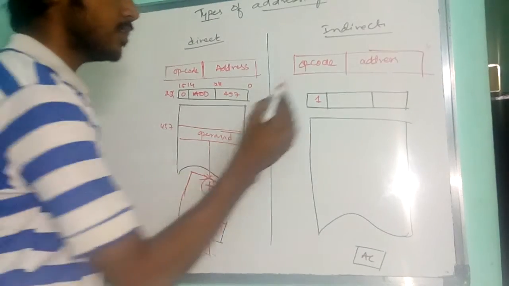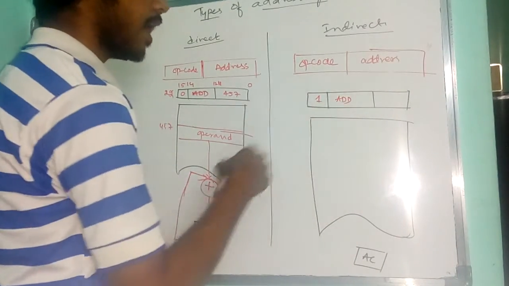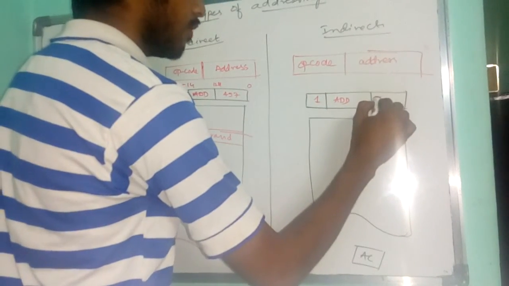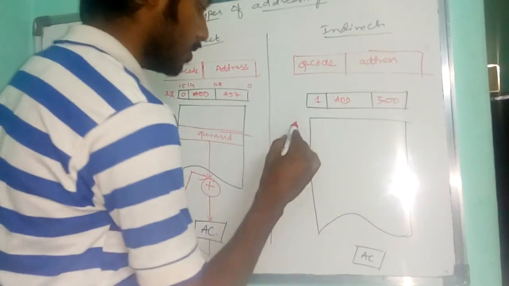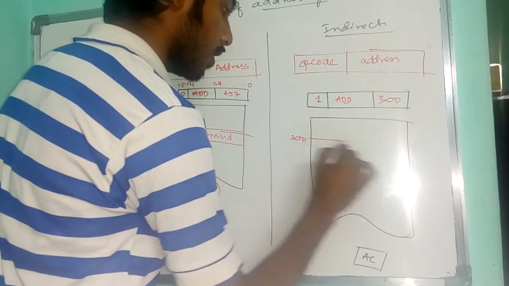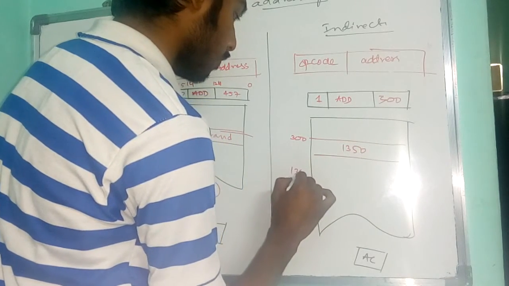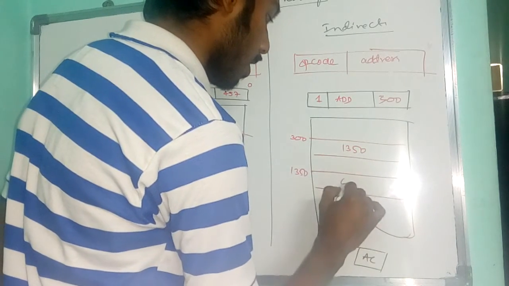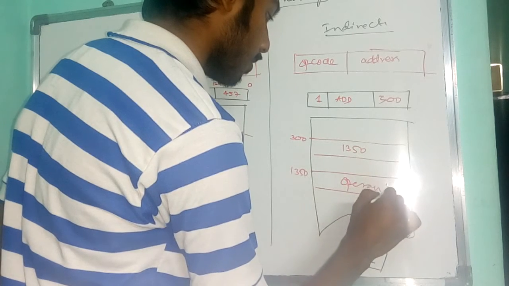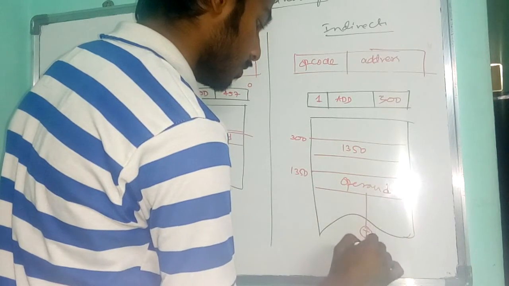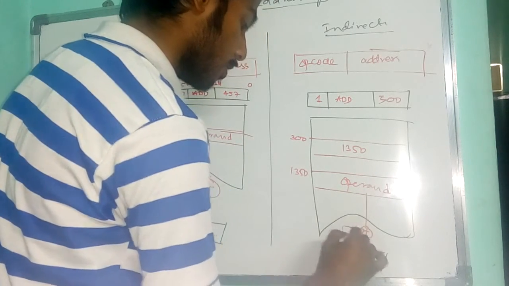Now see, in a similar fashion, here I have add. I'll give some 300 or something, so that in 300 I have another address, 1350. In 1350 I have my operand. Again addition, and like this.